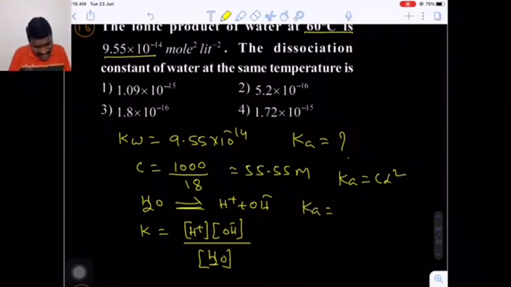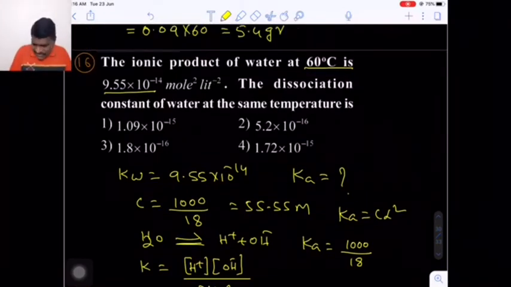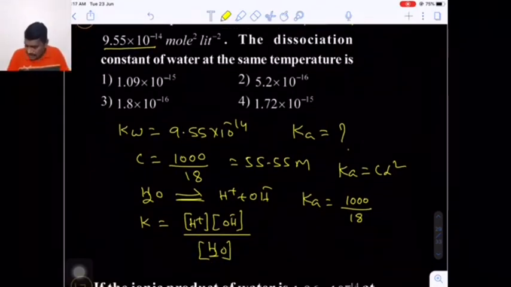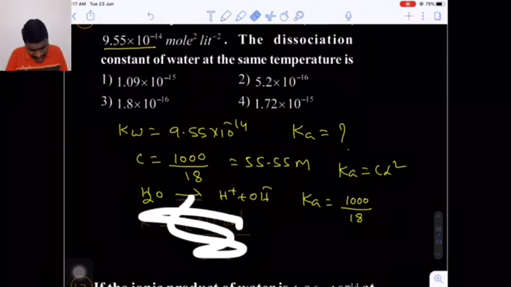What is the initial concentration? 1000 by 18. Now what is the value Kw given? Question number 16, Kw value given to you. From here, shall I calculate the Ka? How to calculate the Ka? Just write here.